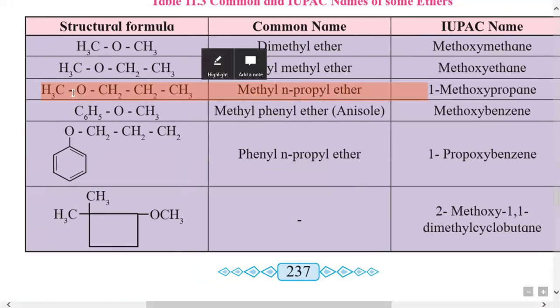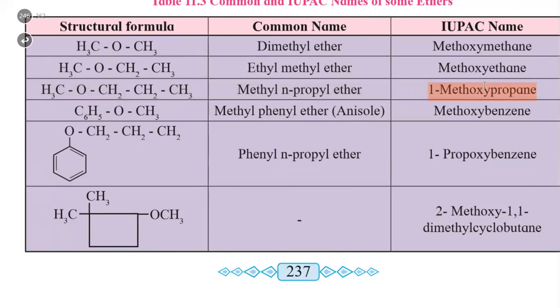In the IUPAC nomenclature, the large alkyl group is 3 carbon containing, therefore it is named propane, and the small alkyl group with oxygen is named alkoxy. Here the 1 carbon containing alkoxy group is methoxy, and this is present on carbon number 1 in the 3 carbon containing alkane propane, therefore the correct name is 1-methoxypropane.